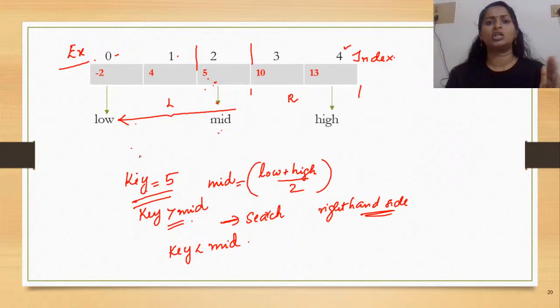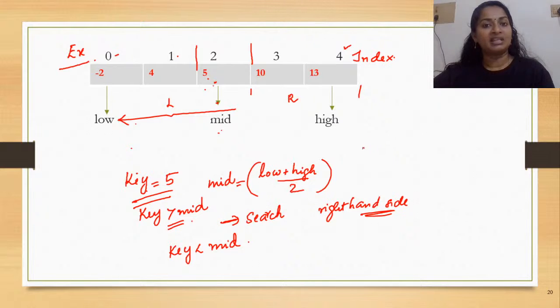Now, what is the procedure? You need to find the middle position or the middle element. First search in the middle position. If you do not find the element there, again refocus by further dividing it. Hence the divide and conquer method is used in the case of binary search.